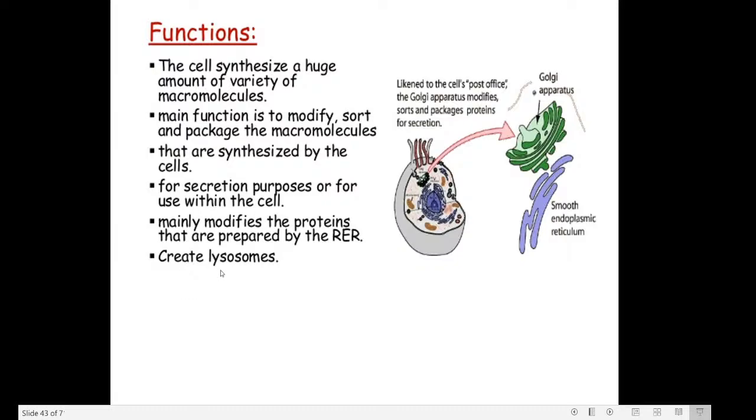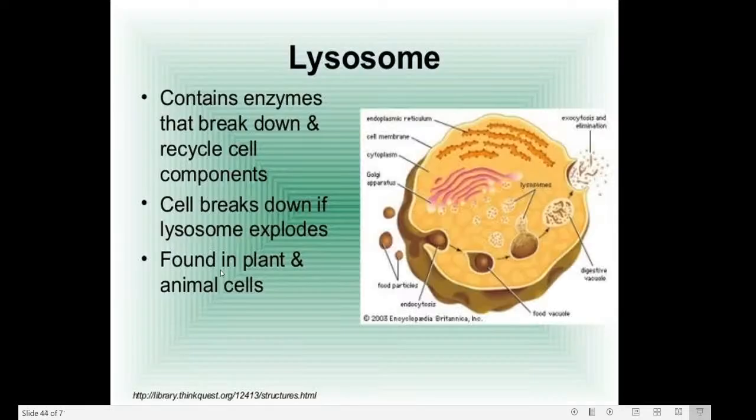It also produces the lysosome. One output of the Golgi apparatus is the lysosome. This lysosome contains enzymes that break down and recycle the cell components. Lyse means to degrade, break down.